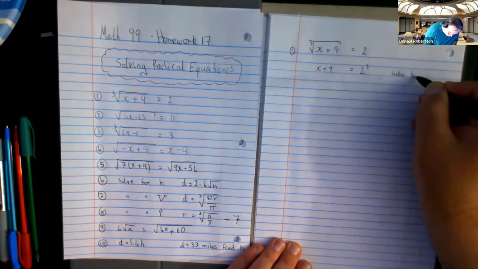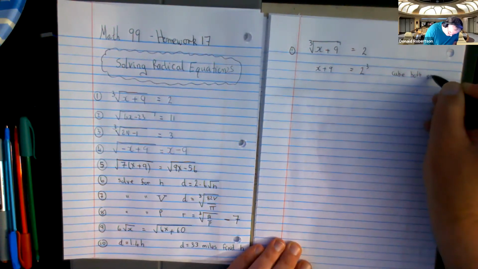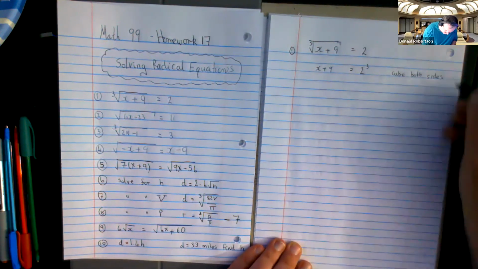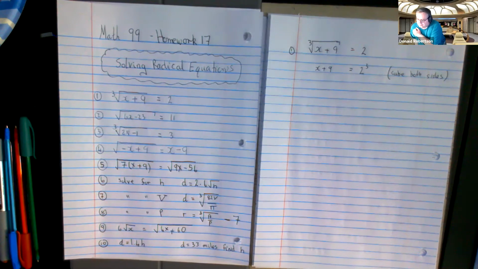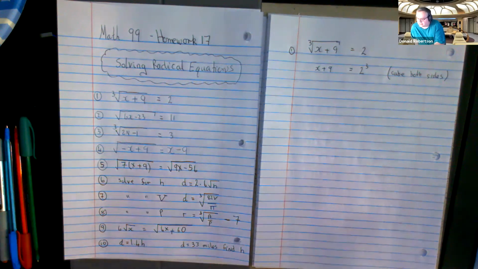Just cube both sides. How do you get rid of a square root? Don't you square both sides? How do you get rid of a square like x squared? Don't you take the square root of both sides, right? It's that kind of trick.